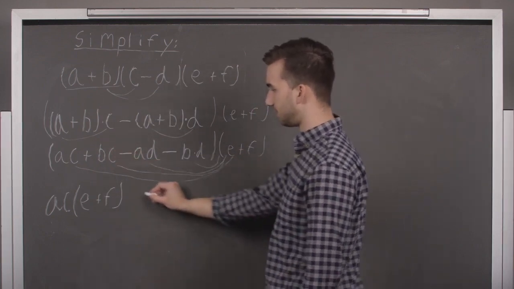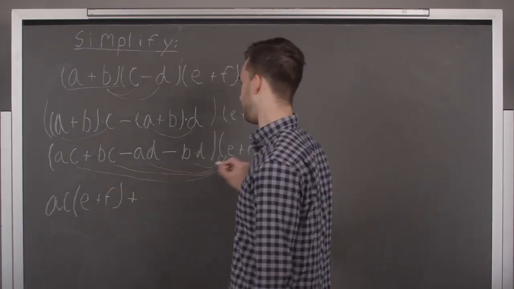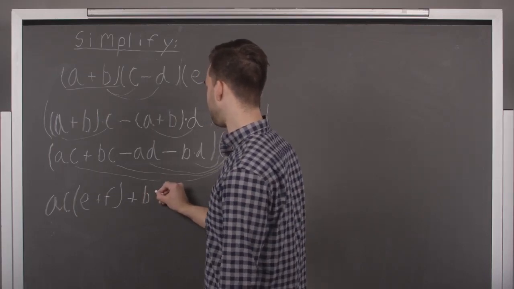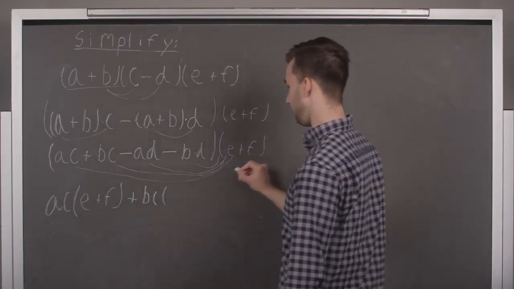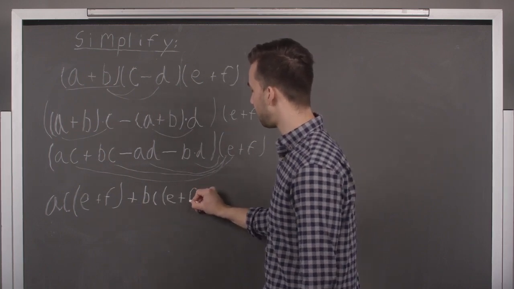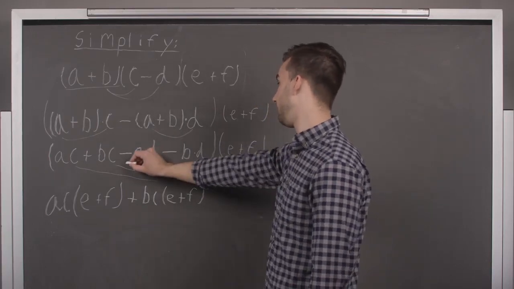The outside times the second element is plus BC times E plus F. And then our third element, it's a minus.